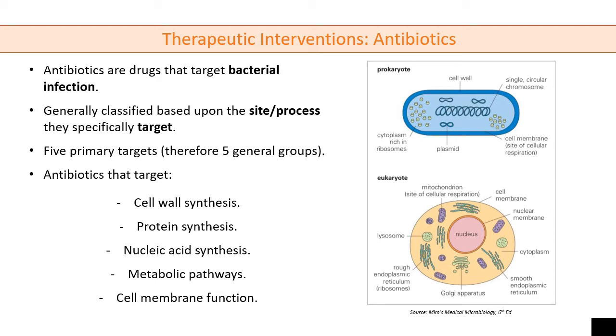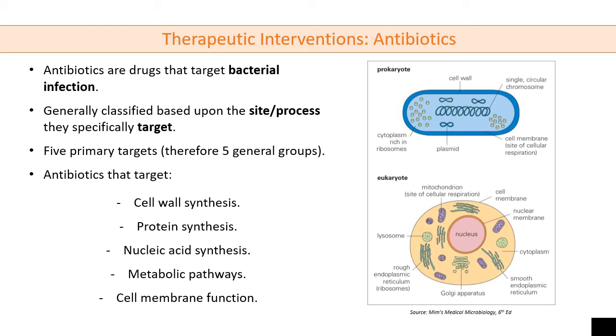As we said, various types of antibiotics, and they're generally categorized by the type of bacterial process they inhibit. So we have the bacterial processes on the left here: cell wall synthesis, protein synthesis, nucleic acid synthesis, metabolic pathways, and cell membrane function. So these are 5 processes that are clearly important to bacterial survival.